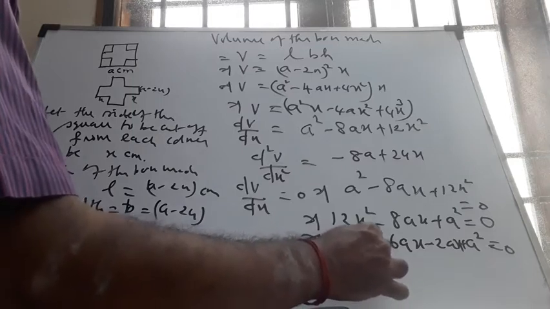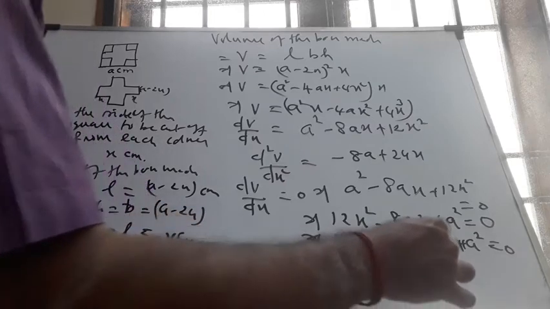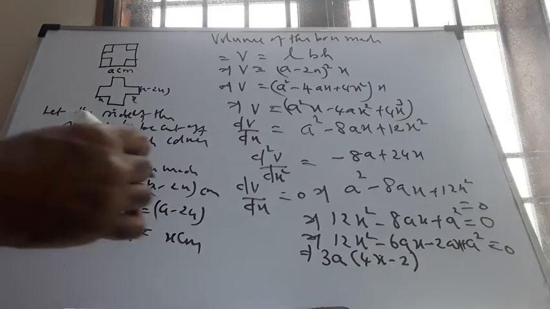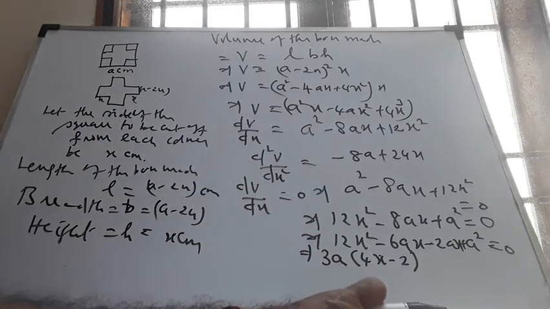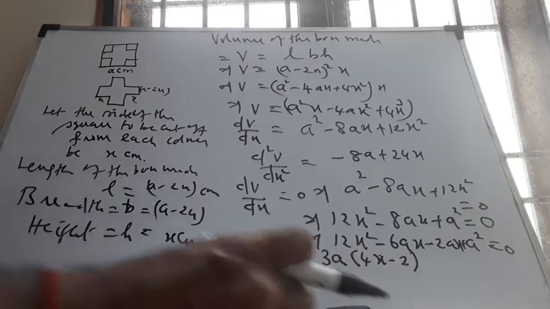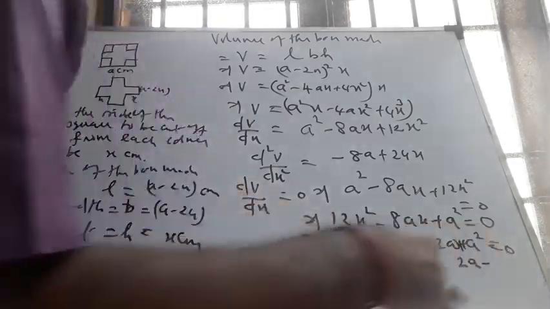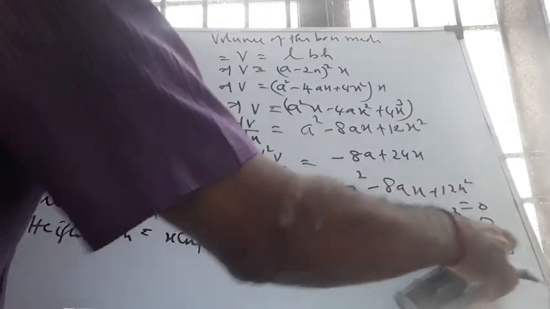Okay, I'll get 4x minus 2. Am I right? One second, 12x square minus 6x minus 2x, it's correct only. I am supposed to have 2x minus a as common.